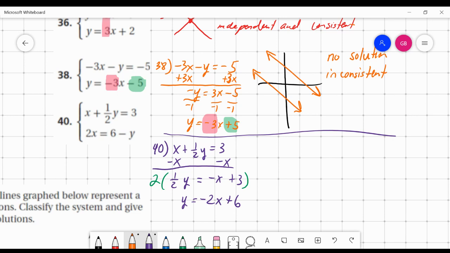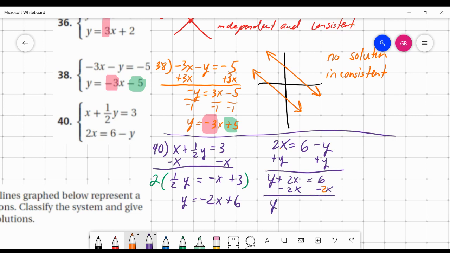Okay. And then in the second equation, I'm going to add a y to both sides. So I want the y on this side, and then subtract 2x. So y is equal to negative 2x plus 6.